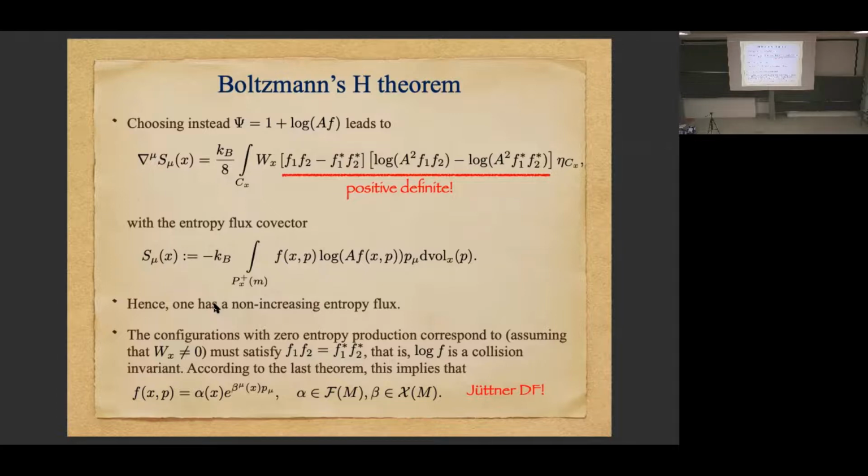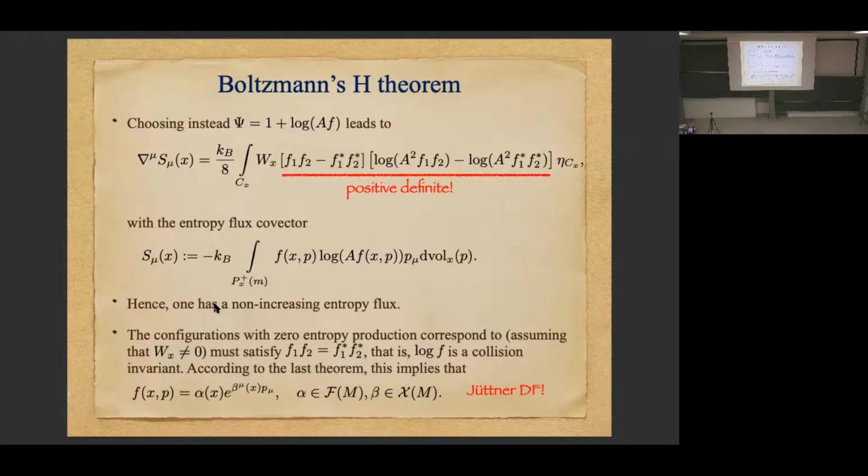So if you integrate this over Cauchy surfaces in an asymptotically flat, globally hyperbolic space-time or something like that, you would see that you have a direction where the entropy increases. Sorry, it should say non-decreasing entropy flux.